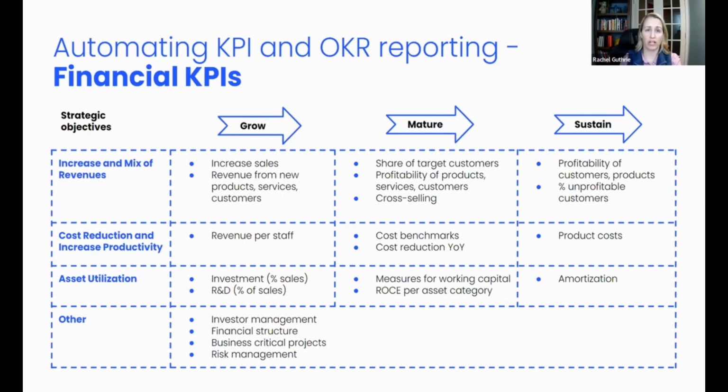If they're growing, they're going to care about revenue per staff. We call it headcount. And that's a great measure of average productivity. Make sure that you're not too back end heavy on your cost structure. Asset utilization, so investment as a percentage of sales. That's a great one. And then R&D, same as percentage of sales.